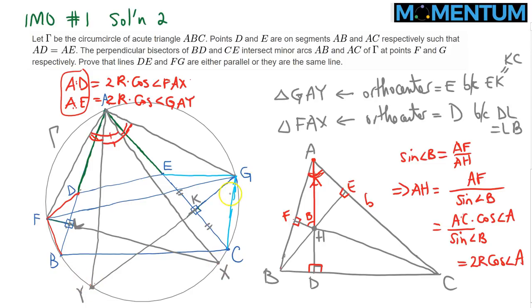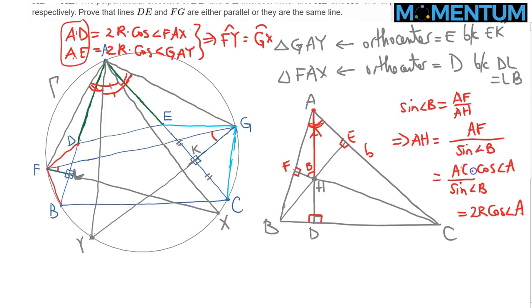If FY is equal to GX, so let's write that down. Arc FY is equal to arc GX, but then we can just translate this into angles. So arc FY is subtended by this angle FGY, and arc GX is subtended by this angle XFG, right? So let's write that down as well.